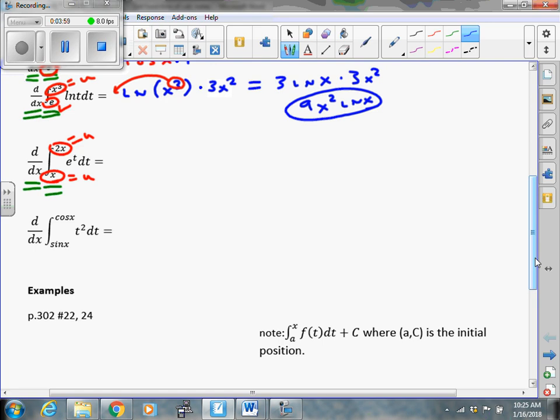Remember, we subtract the top minus the bottom. So I'm going to plug in the top. Don't forget it's u tick. Here's u, so u tick is 2. Minus, now I'm going to plug in the bottom. It's e to the x, but its derivative is just 1, leaving me with the result of 2e to the 2x minus e to the x.